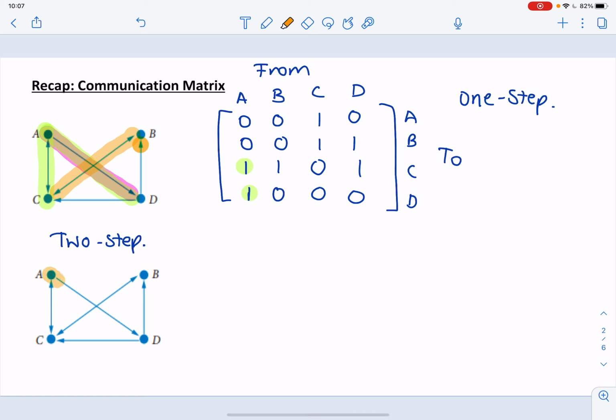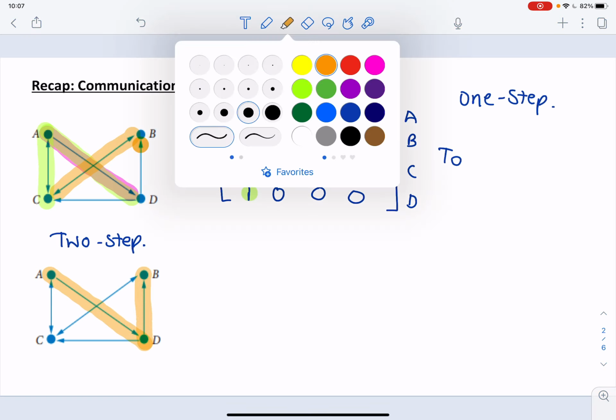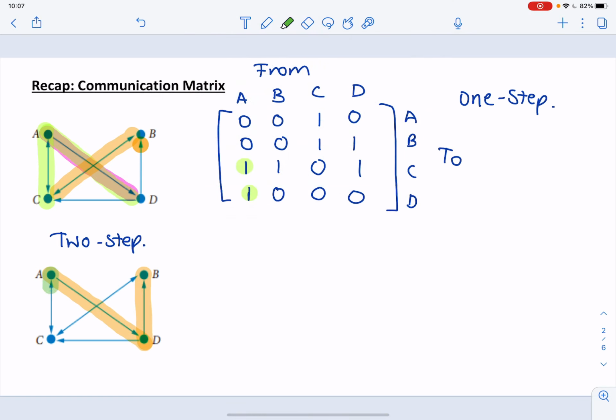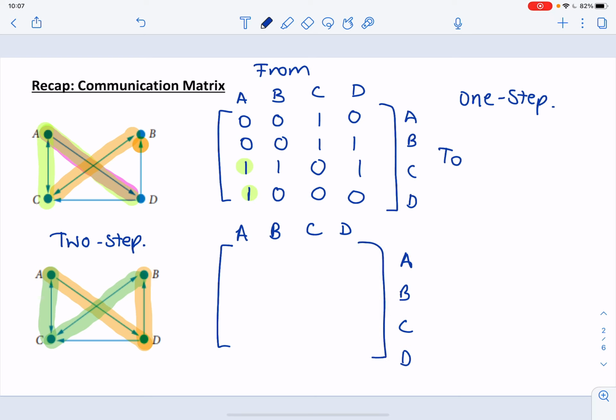So I can get from A to D to B, or I can get from A to C to B. So when I'm creating my matrix, what it means is that I can get from A to B in 2 ways. So I can't get from A to A, but I can get from A to B in 2 steps.